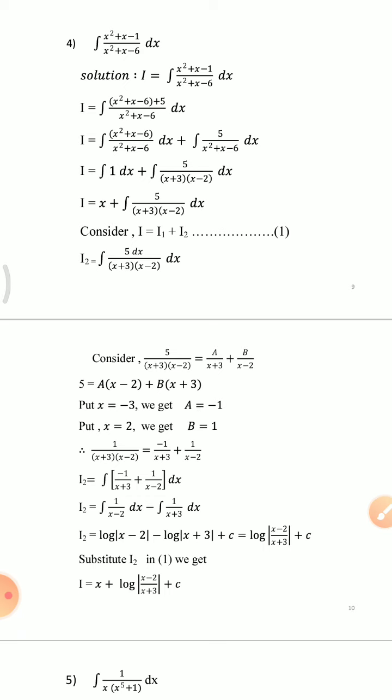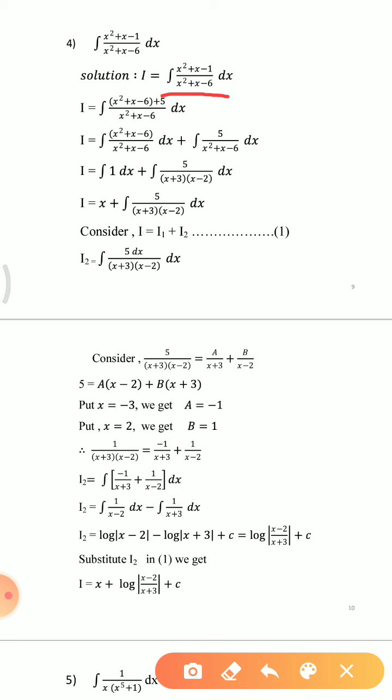See the solution. Let I = ∫(x² + x − 1)/(x² + x − 6) dx. We have to see the question here. It is not solved directly. We have to adjust the numerator term by using the denominator here.